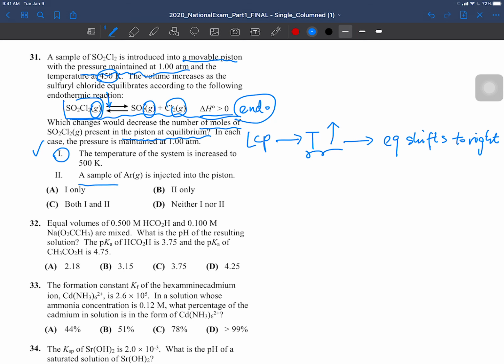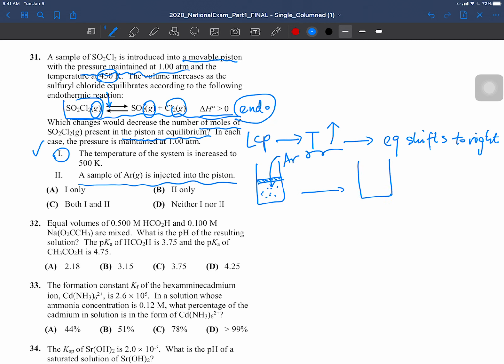The second one, a sample of argon is injected into the piston. This is a tricky question. So there is a movable piston, and the system is already at the equilibrium state, and now you put some inert gas, the argon, into the system.